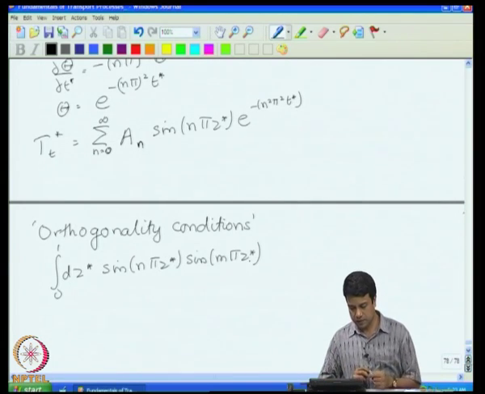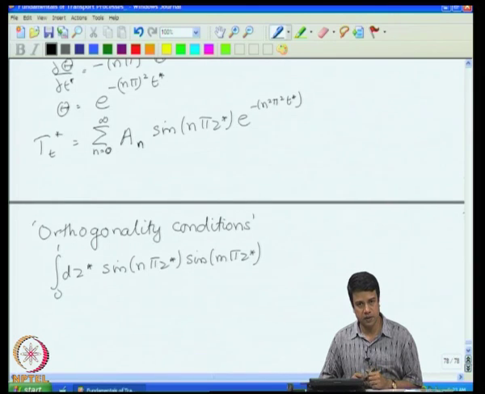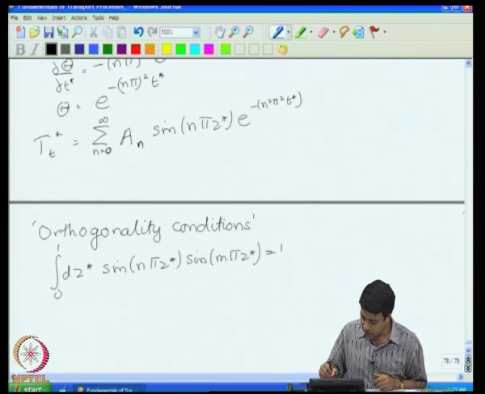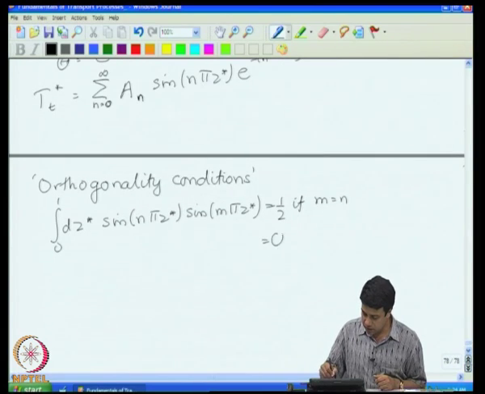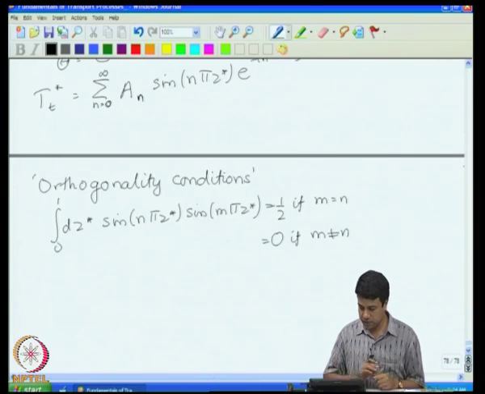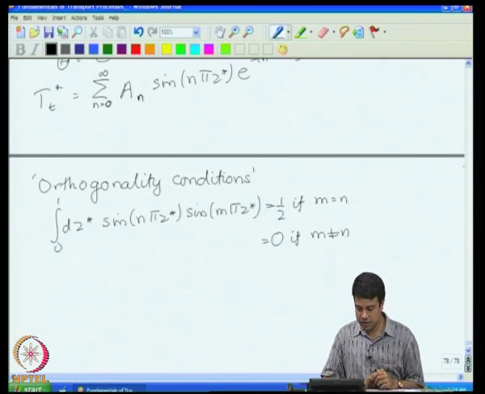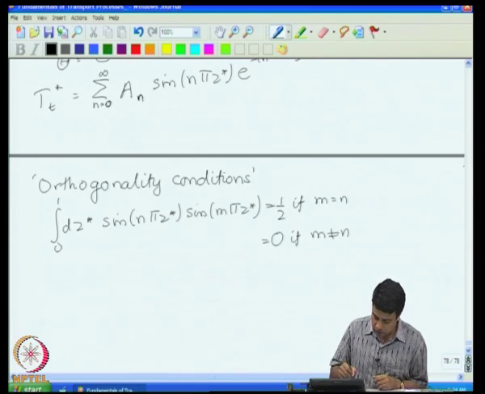So, if I just take two functions sine of n pi z star and sine of m pi z star and integrate from 0 to 1, this is equal to 1 by 2 if m is equal to n, and it is equal to 0 if m is not equal to n. So, in a sense, these functions defined on this domain 0 to 1 are all orthogonal to each other.